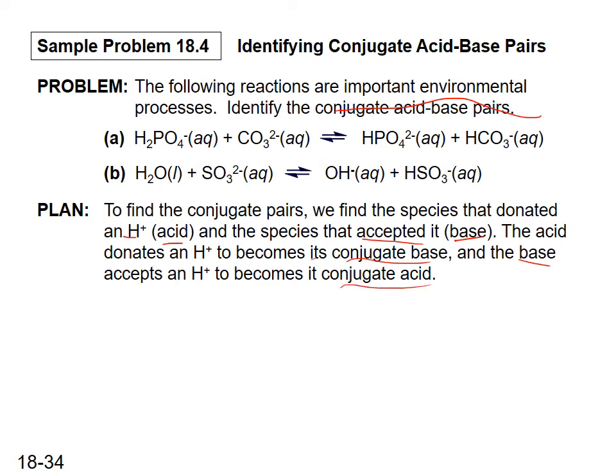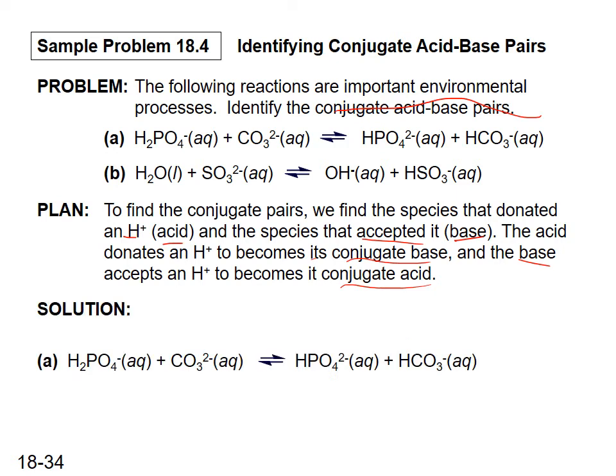So let's look at A. In A, you can see that H2PO4- becomes HPO4 2-. So it donates a proton, because the product has one proton missing. And carbonate becomes bicarbonate, which has one more hydrogen, so it's an acceptor. Therefore H2PO4- is an acid, because it donates a proton, and carbonate is a base.